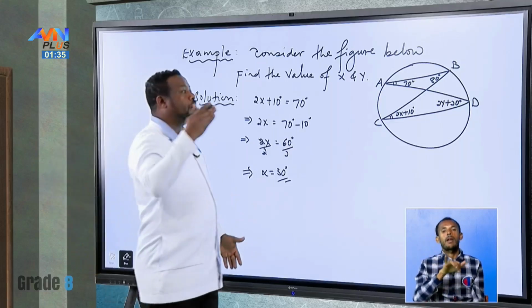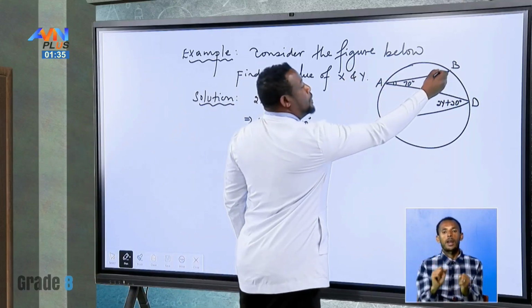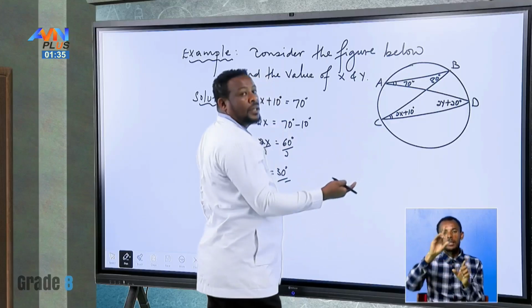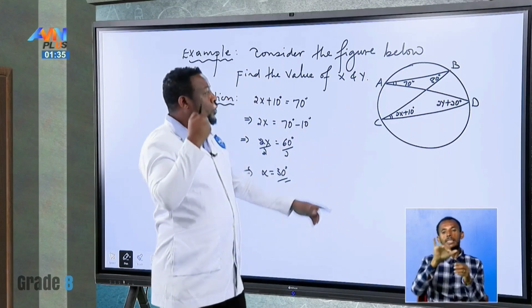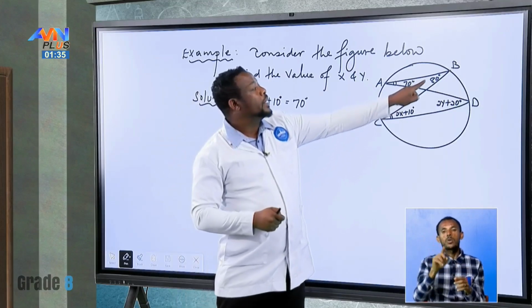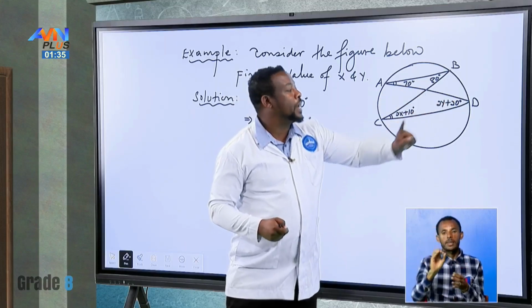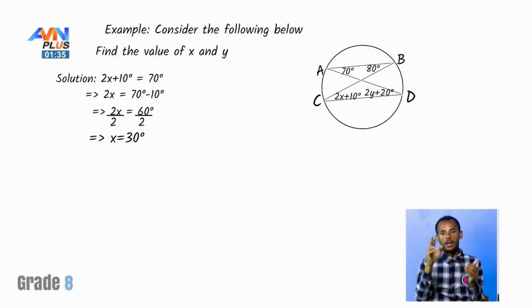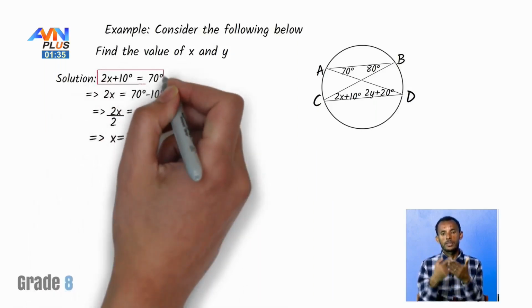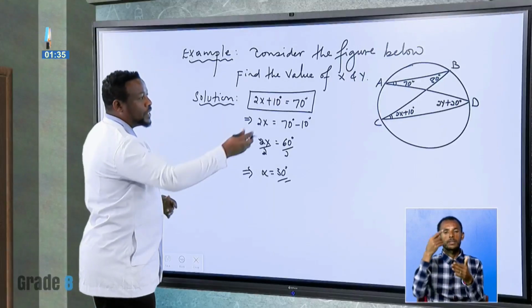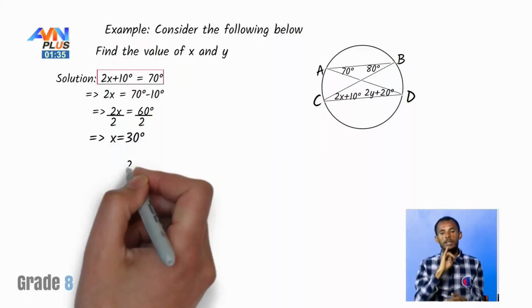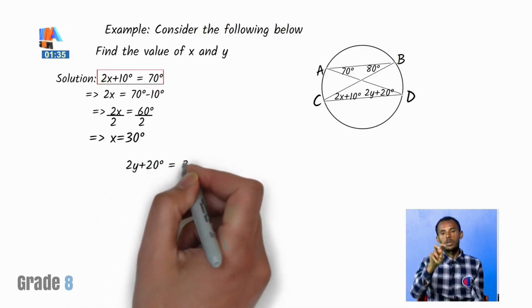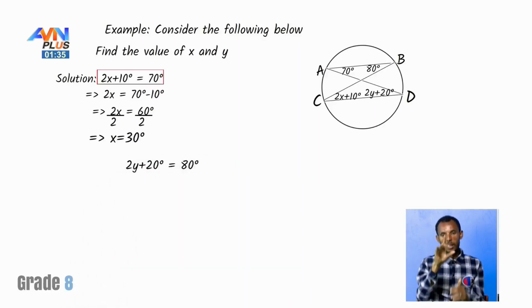Similarly, you can observe that angle B and angle D are subtended by the same arc AC. So you can assume that 80 degrees and 2y plus 20 degrees are the same. This is the first result from the previous theorem. So the second result will be 2y plus 20 degrees must be the same as 80 degrees.